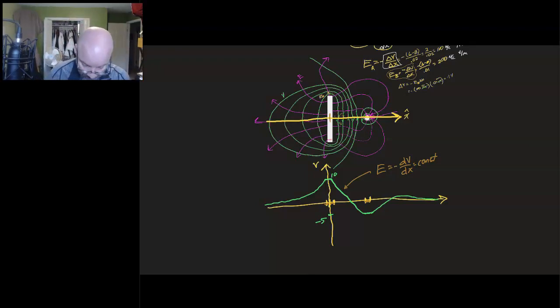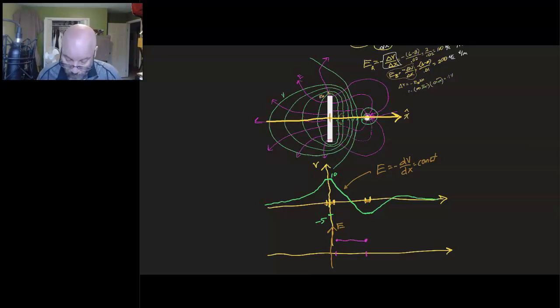So let me put another graph here of the electric field. In this region, from right outside my bar to right outside my sphere, I'm going to have some constant value right there. Now, I don't know what it is, but some constant value just like that.